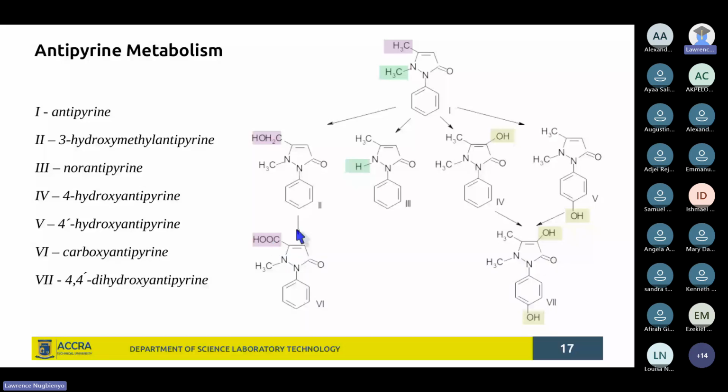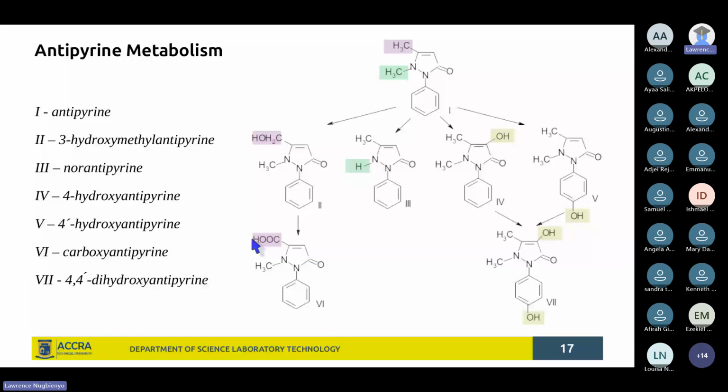So you see a drug substance, when it gets into the system, it doesn't just undergo, say, one reaction. It undergoes several different reactions, so that different metabolites can be produced from the same substance.